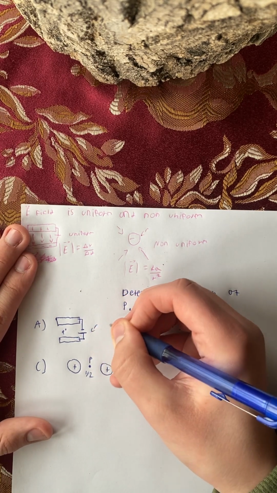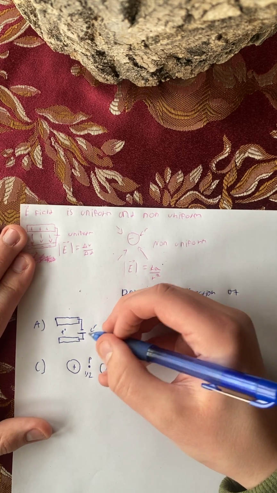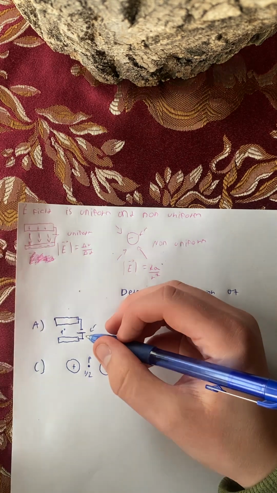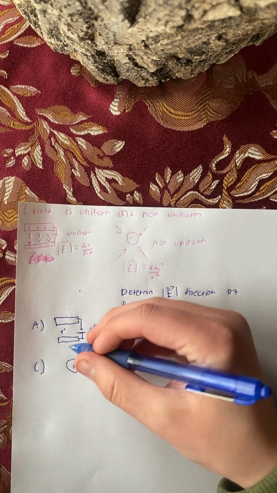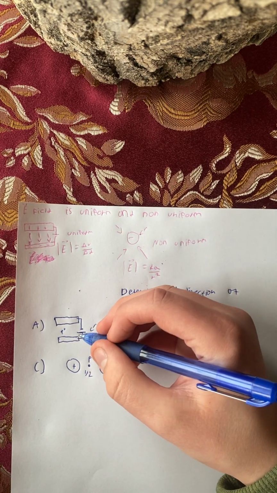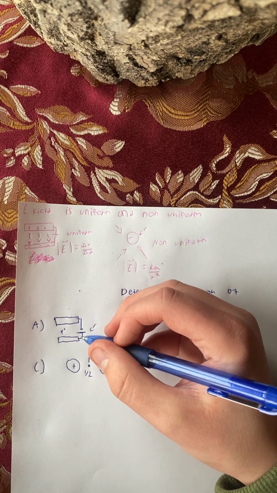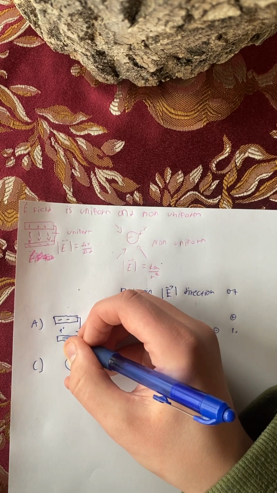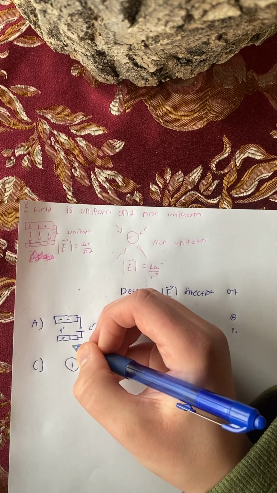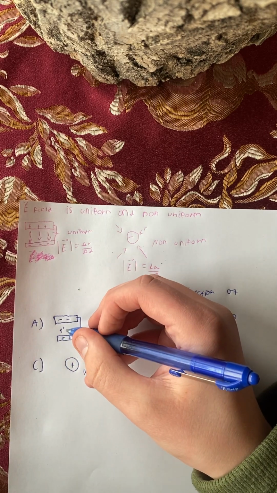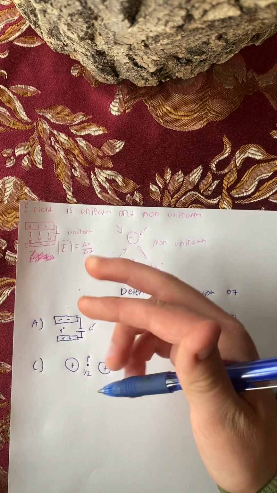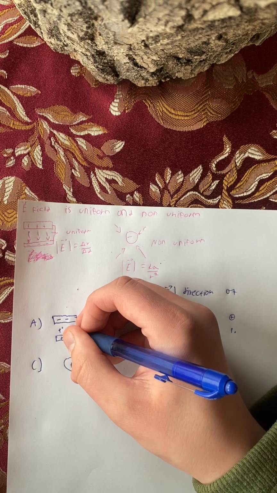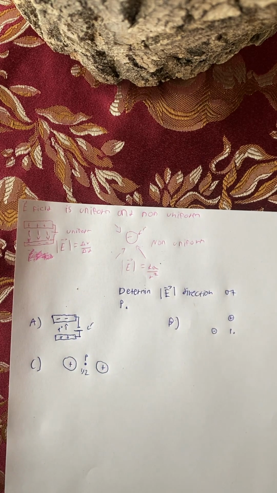The longer end of the battery that produces the voltage is going to be closer to the positive plate, and the shorter end is going to be closer to the negative plate. From there, we can create this. Now that we know this, at point P, it's going to run from positive to negative, so it's always where a positively charged object will go. So the electric field direction is this arrow upwards.